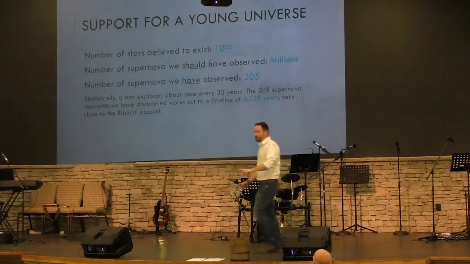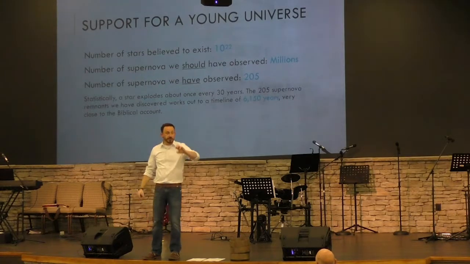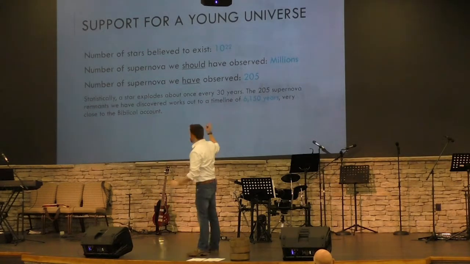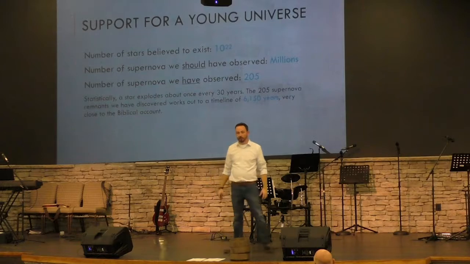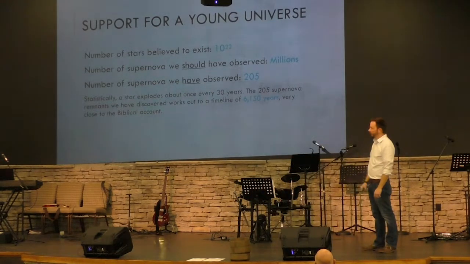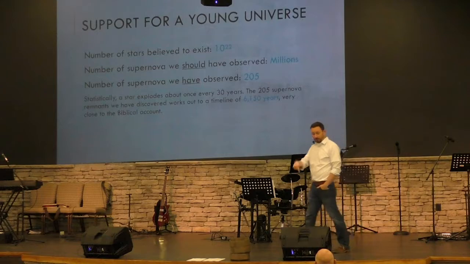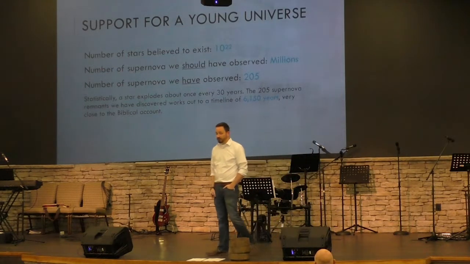The number of supernova we should have observed, if the universe has been here for 300 billion years or whatever the Big Bang says, there should be residue in the sky of millions of supernova. To date, we have found 205, which works out at the constant rate that we see supernova today to 6,100 years, which is exactly what the Bible says is the age of the earth.